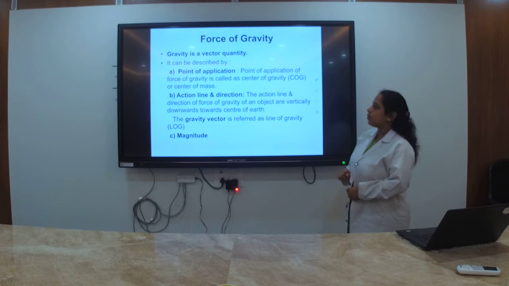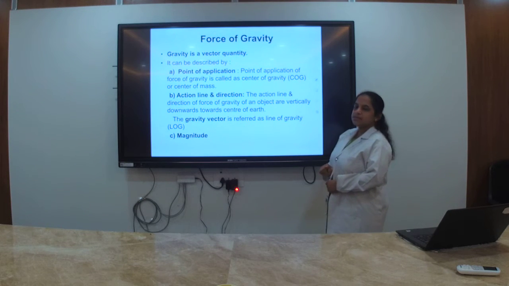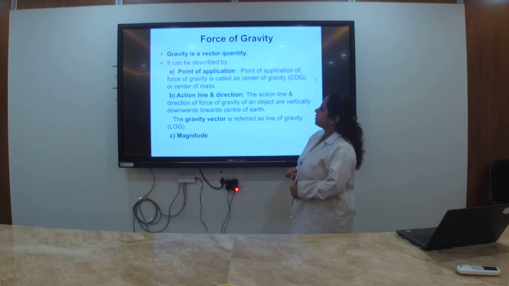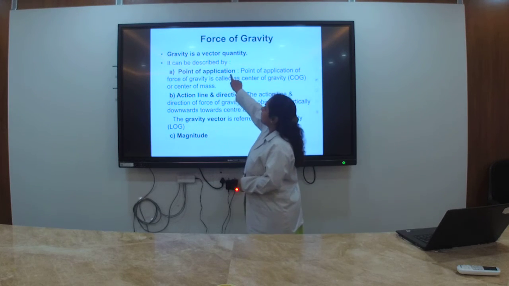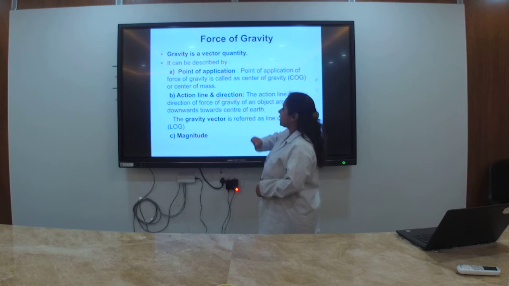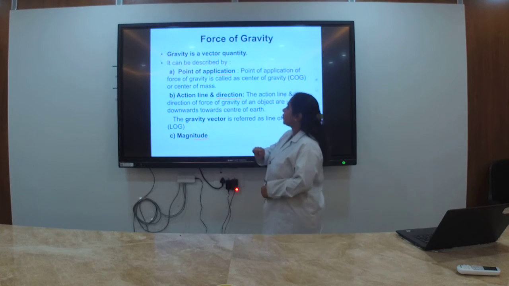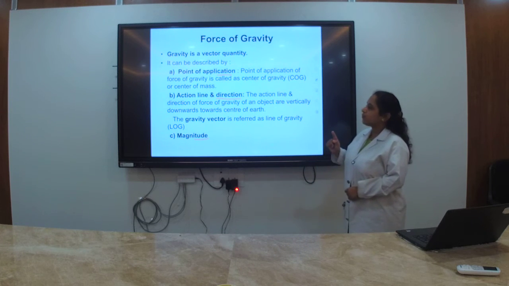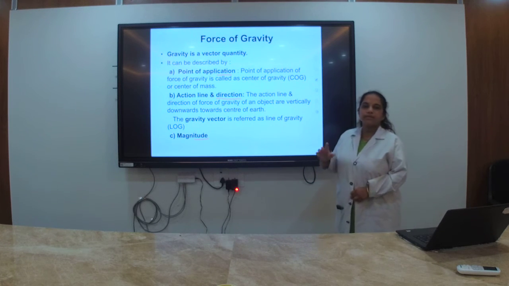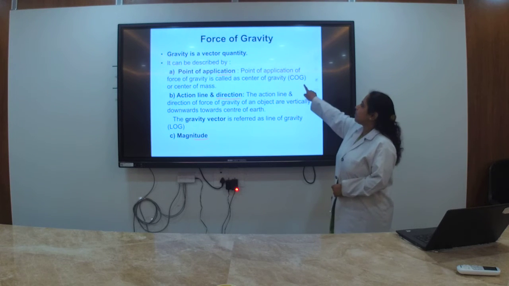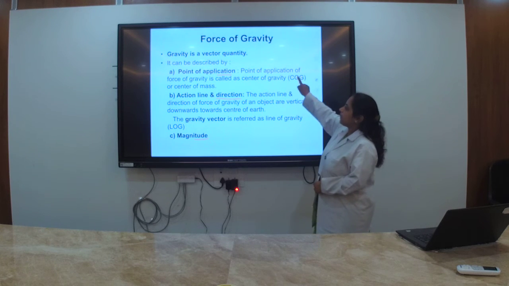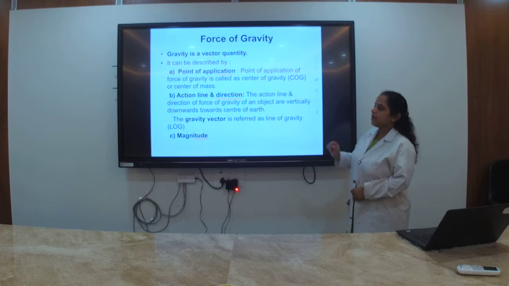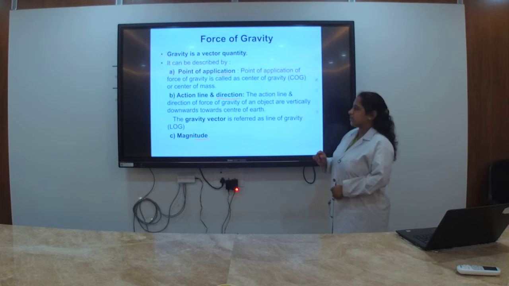As for the force, gravity is a vector quantity which has direction and is again explained in terms of point of application, action line and direction, and the magnitude. The point of application of the force of gravity is called the center of gravity, also called the center of mass.